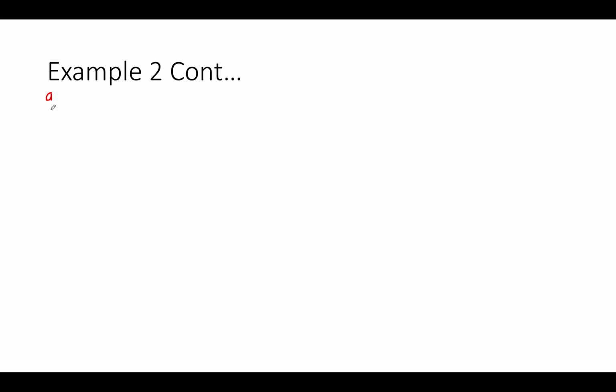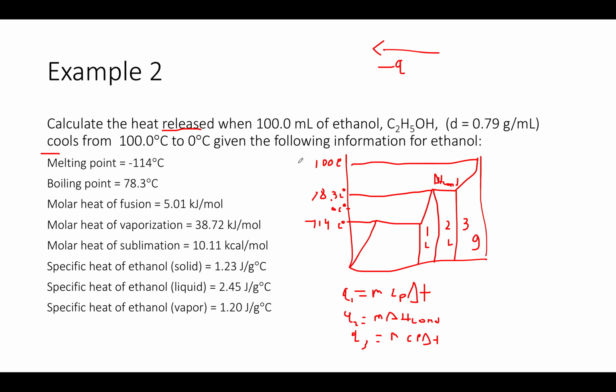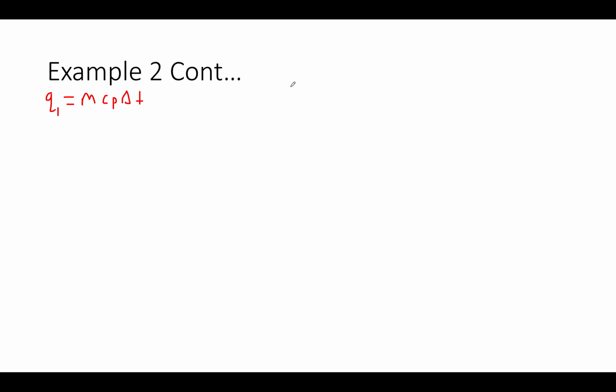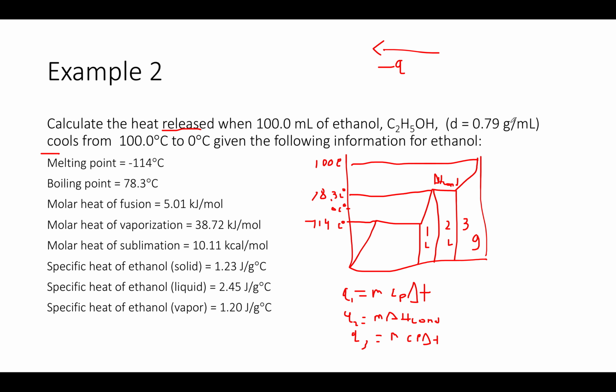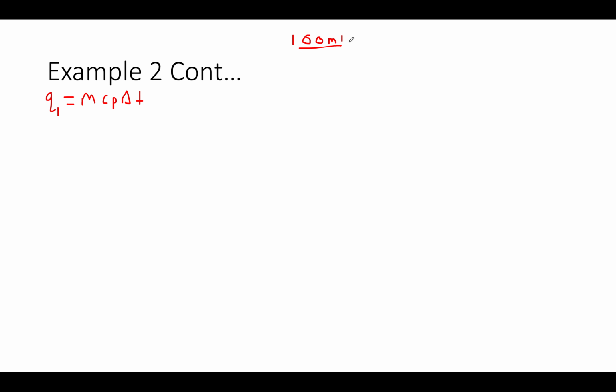So let's solve for Q1 first. Q1, we have a temperature change, mass, times specific heat, times delta T. How much of ethanol do we have? Well, we have 100 milliliters of ethanol. So we can use the density of ethanol to convert it to grams. 1 mil of ethanol, 0.79 grams.